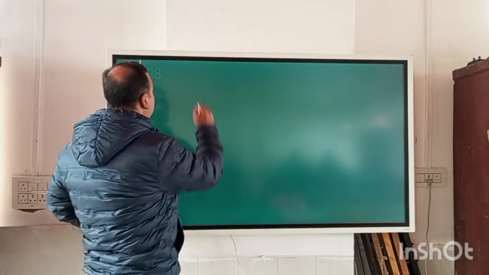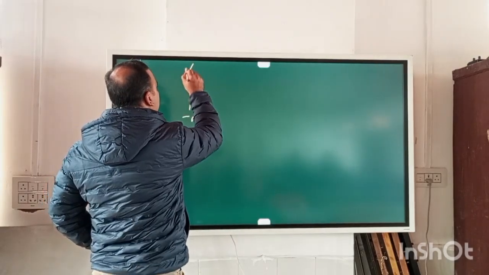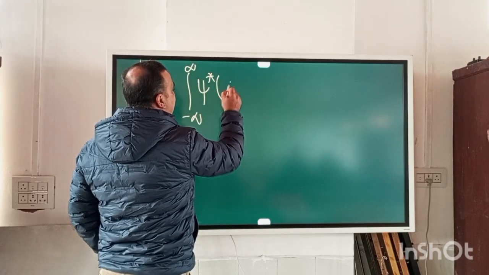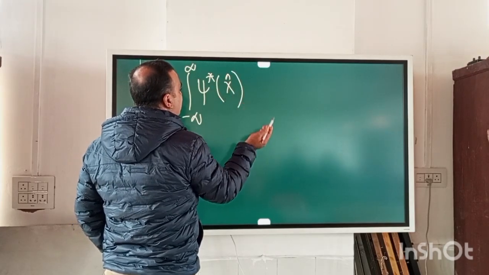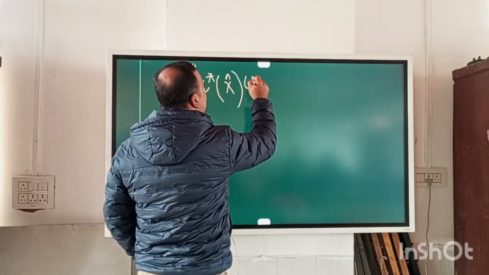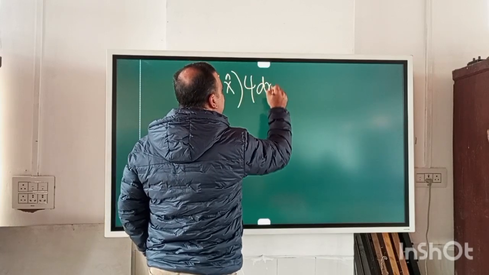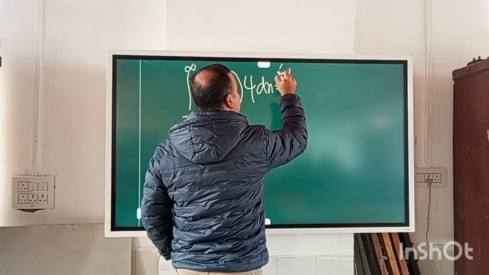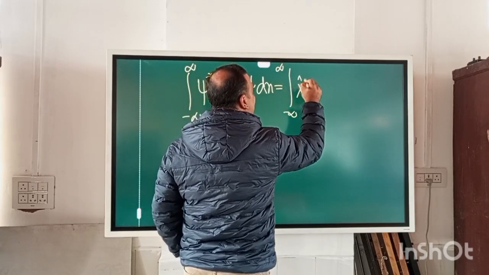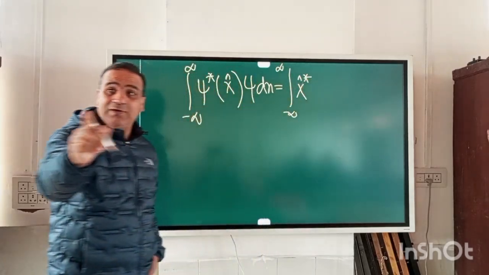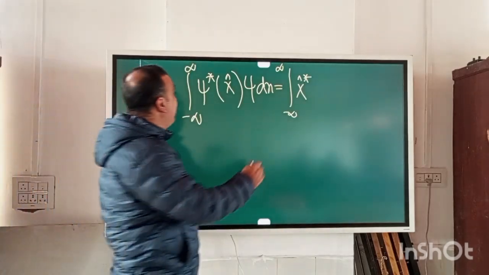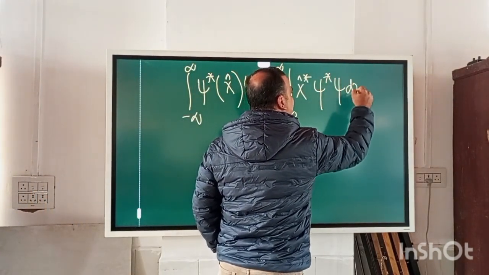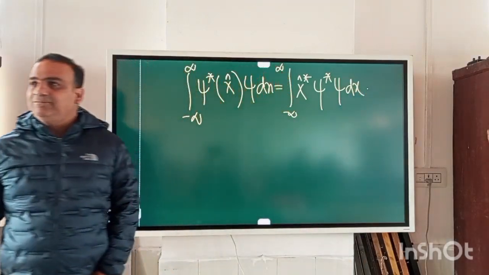The condition is the integral from minus infinity to infinity of psi star x cap psi dx is equal to the integral from minus infinity to infinity of x cap star, and then psi star psi dx. Clear?